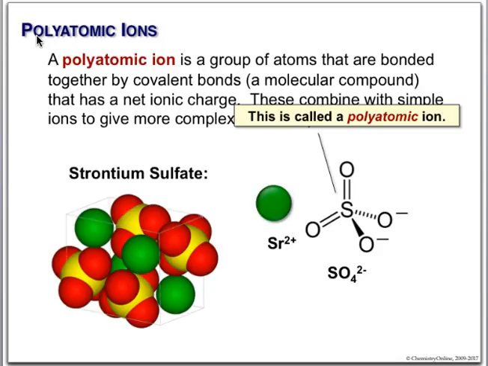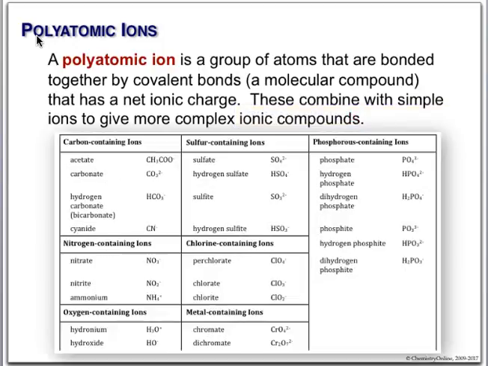Now comes the scary part. There are lots of polyatomic ions, kind of like this. You actually need to know these, or at least some of these, many of these. And you're going to need to know them both for the quiz, which, by the way, is online right now, and you need to know it for the first exam.